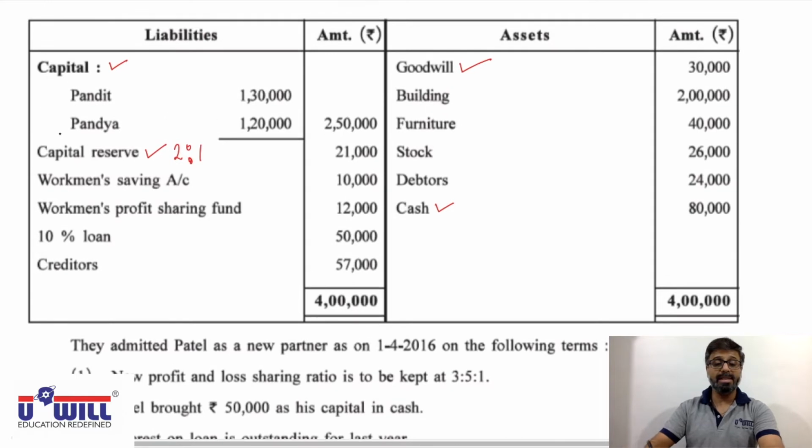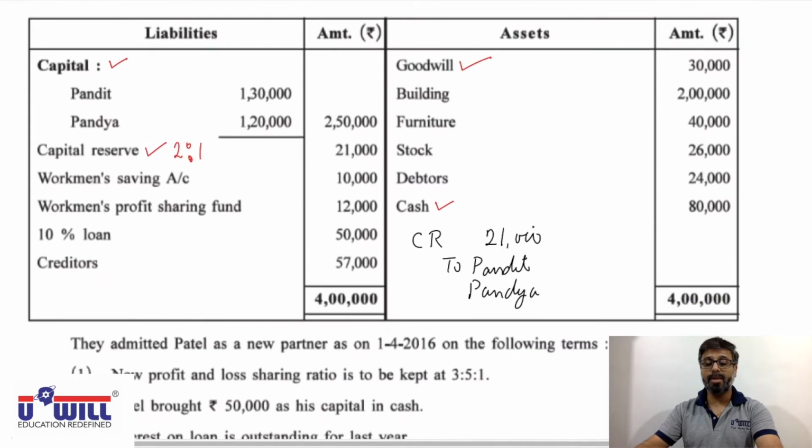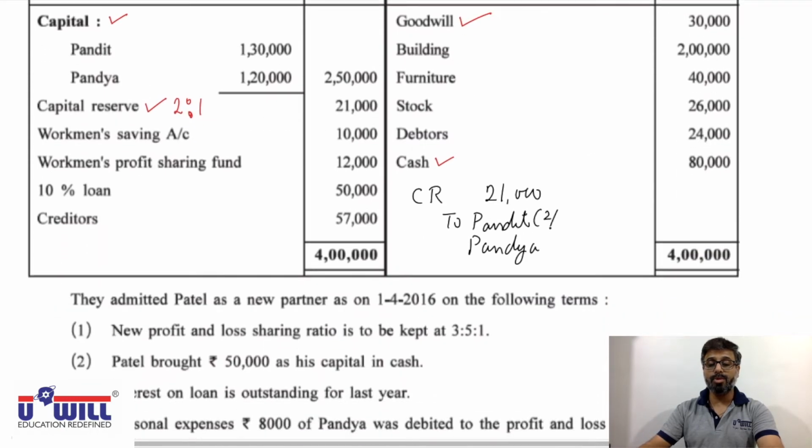Now first, this capital reserve we will distribute between the old partners in the old ratio. So capital reserve account debit, the account gets closed with 21,000, and to the 2 old partners, Pandit and Pandya's capital account, we will distribute the amount in the ratio of 2:1. So 21,000 into 2 by 3 is 14,000, and 21,000 into 1 by 3 is 7,000.